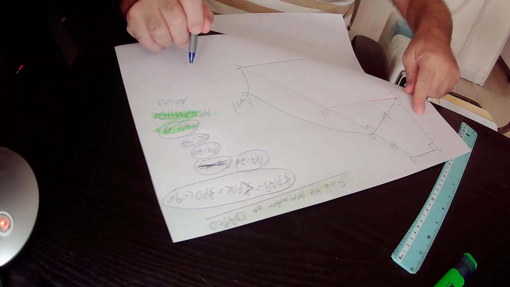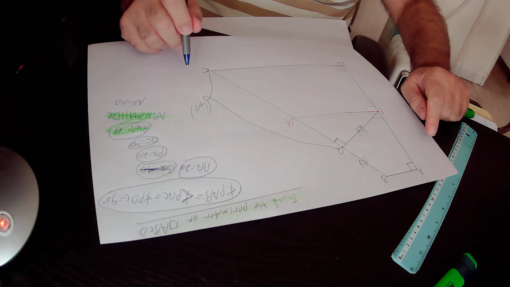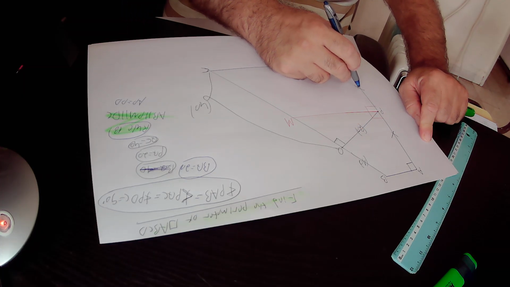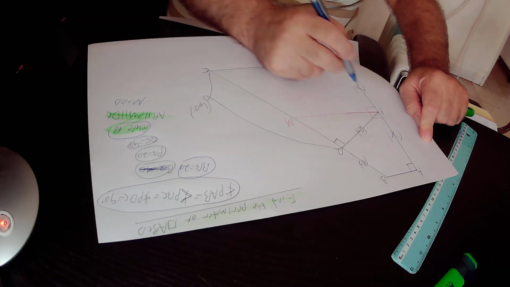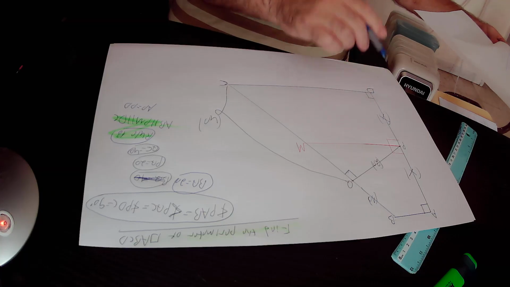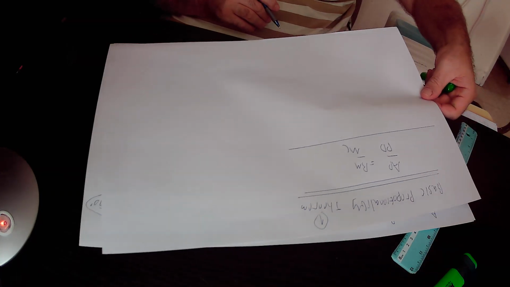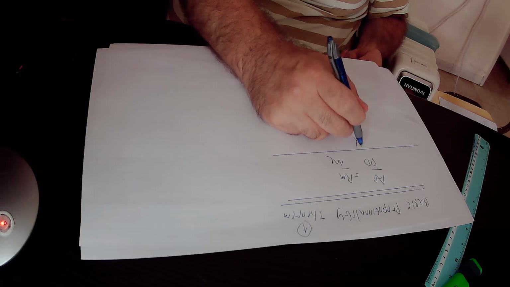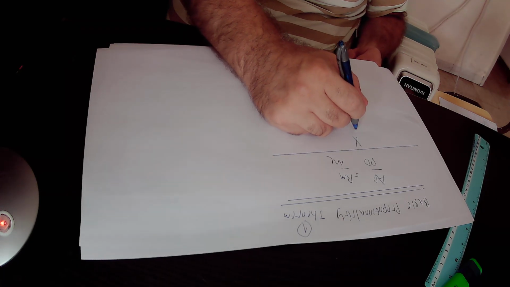So if we define the length of side AP as x, then side PD must also equal x because they are equal to each other. So when you substitute AP by x, PD also equals x.